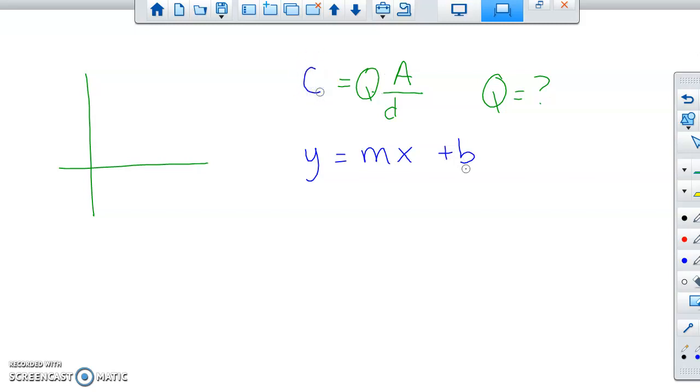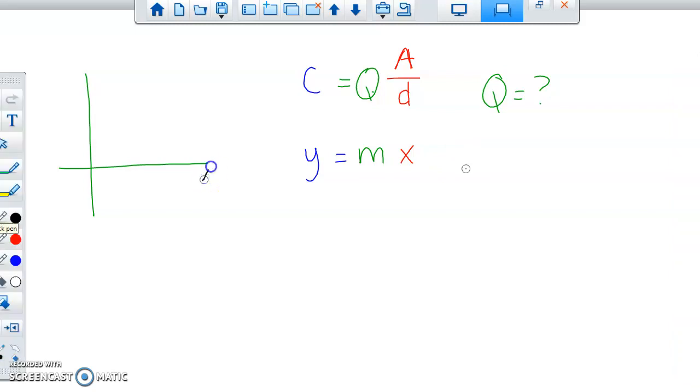That would be your y, and then our x would be a over d, and we don't have a y-intercept, so our slope would be Q. So then you would just go ahead and plot a over d on the x-axis and then c on the y-axis, and you get a straight line, and the slope of that line is going to give you Q.